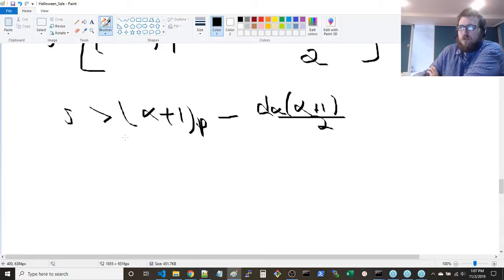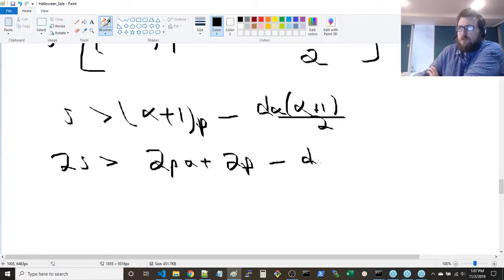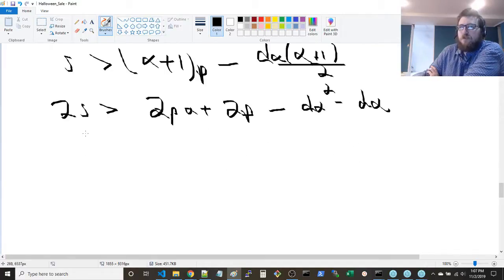So you end up with s is greater than alpha plus 1 p minus d alpha plus 1 over 2. You can multiply this by 2: 2s greater than 2p alpha plus 2p minus d alpha squared minus d alpha.